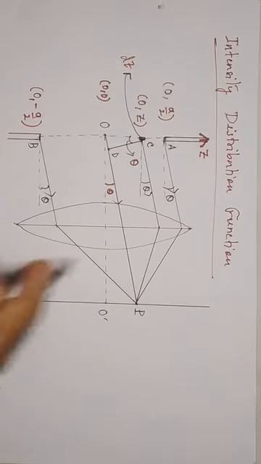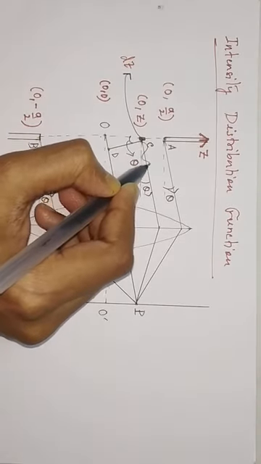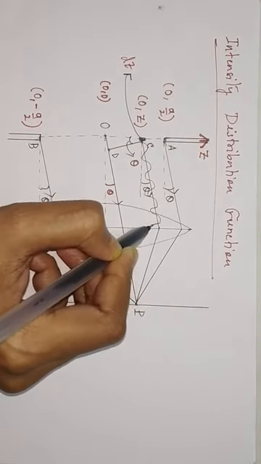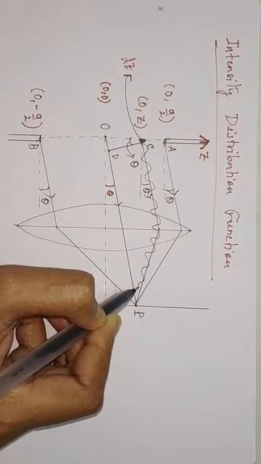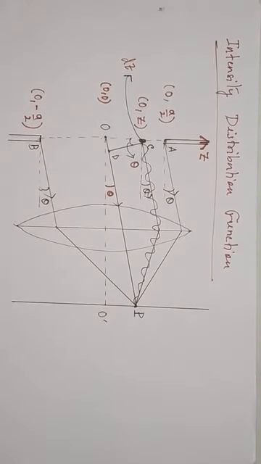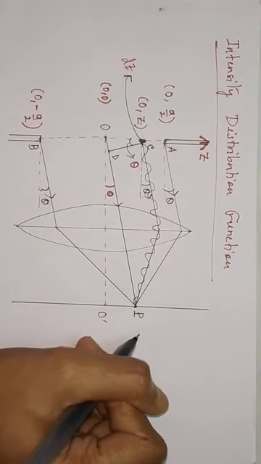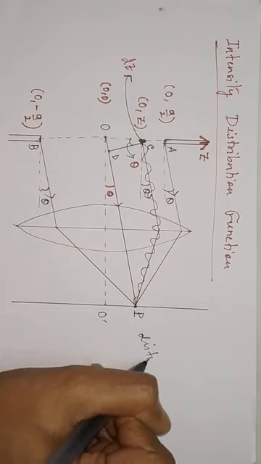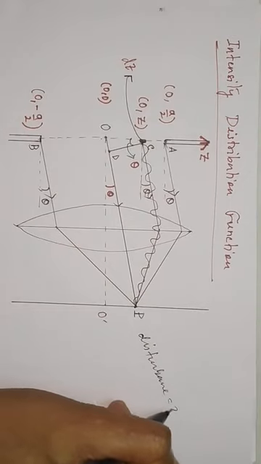Then this disturbance passes along this line and reaches point P. What will be the disturbance at point P?